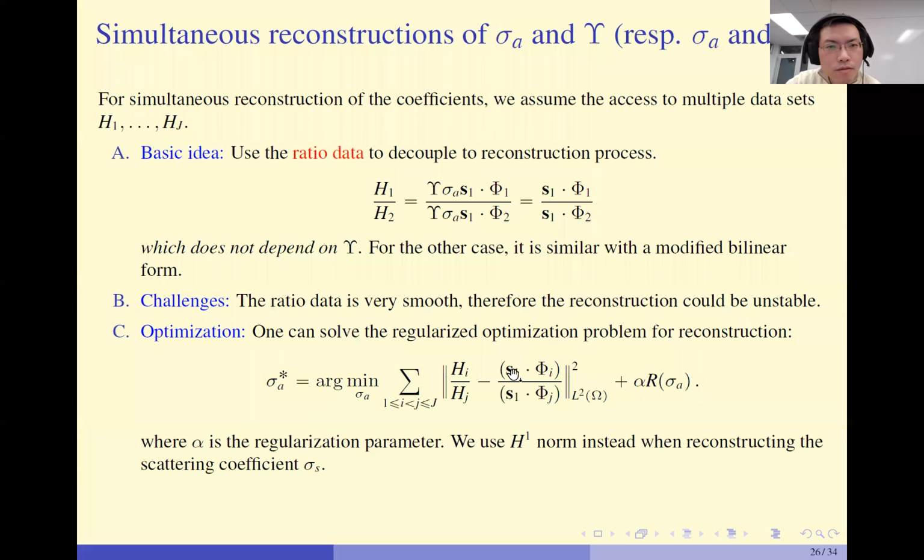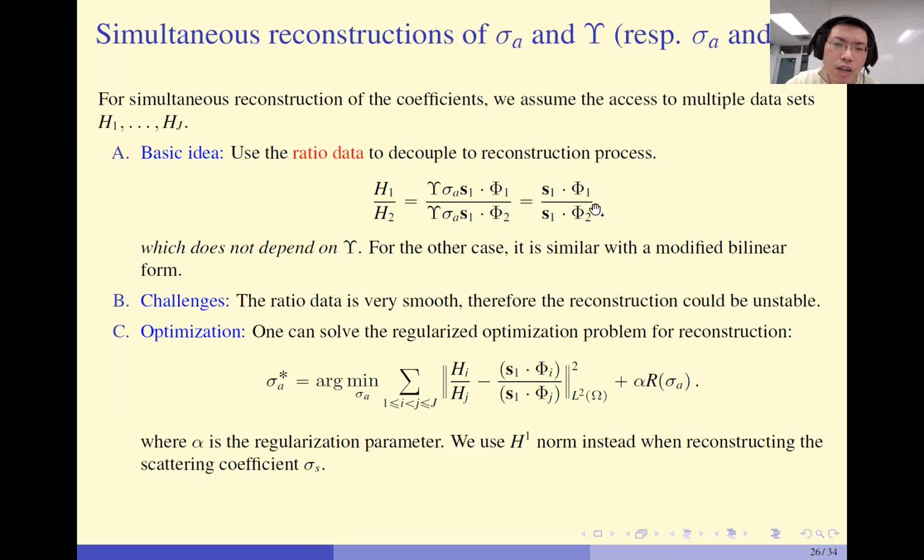Okay, so how about the simultaneous reconstruction? For simultaneous reconstruction, we borrow the idea from the diffusion model. That is, if we take the ratio of two data sets, then the coordination coefficient can be canceled and the absorption coefficient can be canceled.